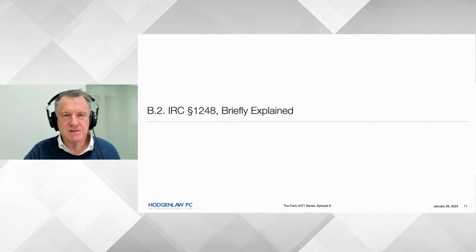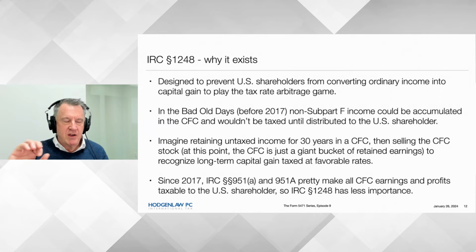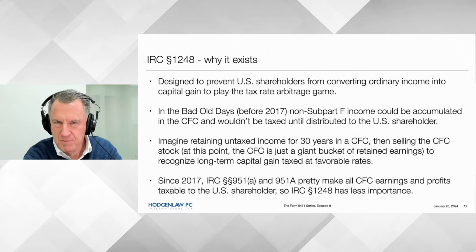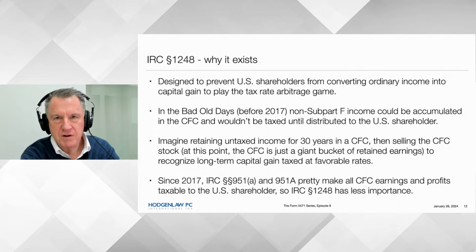So what is this Section 1248 thing of which I speak? First, the easy way to understand what's going on with tax law and to make some sense of the weirdness there is to understand the sins that Congress is trying to prevent you from doing. So Section 1248, why does it exist?